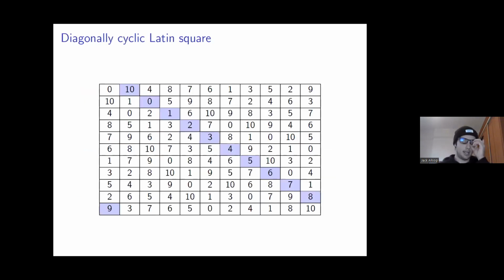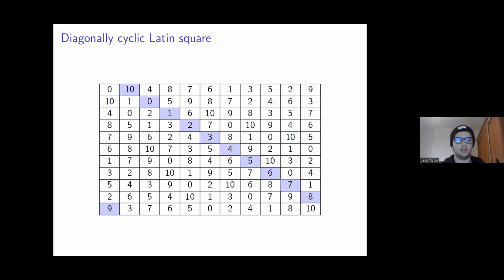All right, so here is another Latin square, and this Latin square has some nice structure. This is an example of what we call a diagonally cyclic Latin square. So an n by n diagonally cyclic Latin square is a Latin square which has a cyclic automorphism of order n.